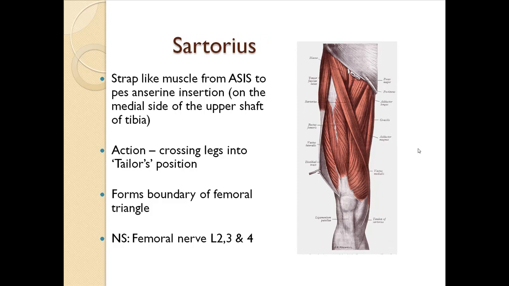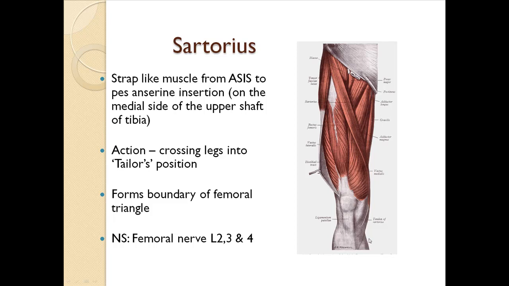Here is sartorius, as mentioned earlier. It sits in the anterior compartment of the knee joint, arising from the anterior superior iliac spine. It's a long strap-like muscle. It's a very, very long muscle. It has a very strange action because of this rather tortuous route that it takes before inserting into the pes anserine insertion. So at the hip, it will produce the movement of flexion, slight abduction, and slight external rotation, whilst at the knee, it produces knee flexion and medial rotation.